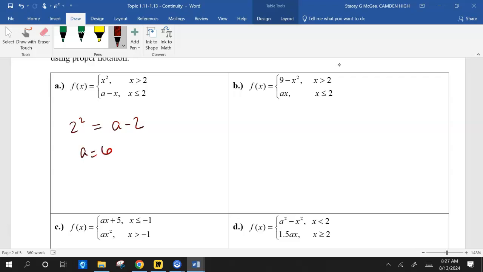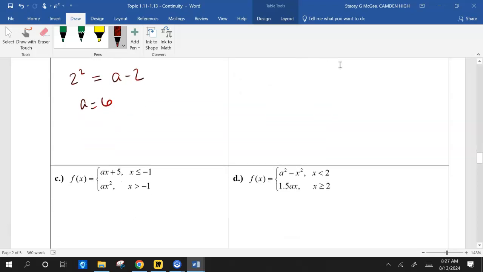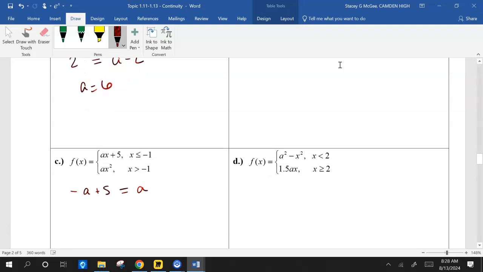That's all you do. C is not as easy because there are 2 unknowns here. Again, if I plug in negative 1, I get negative A plus 5, and it better equal A. Is that right? No?